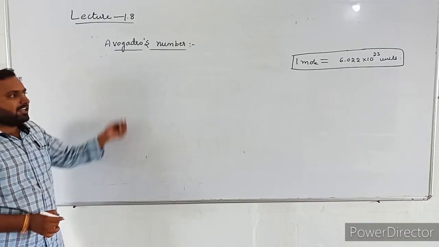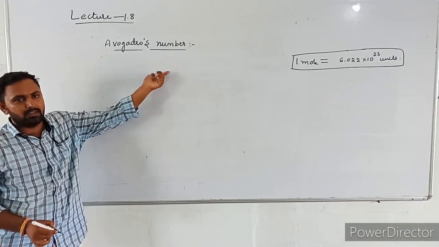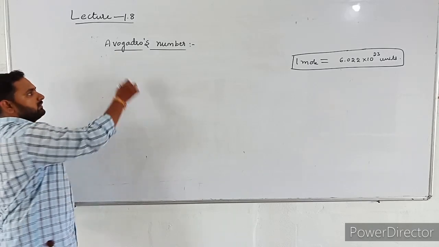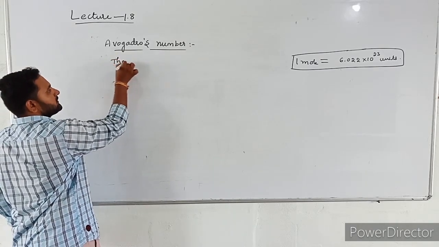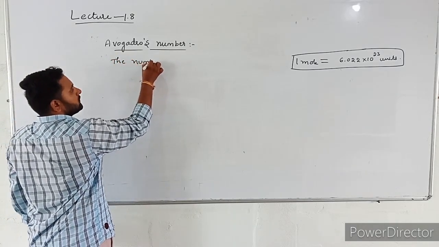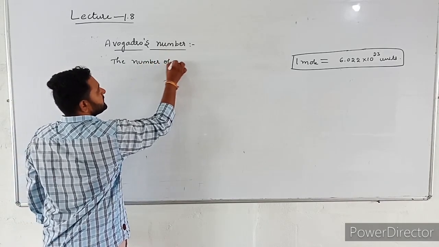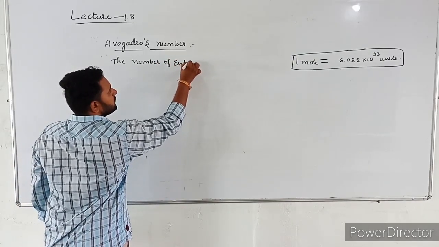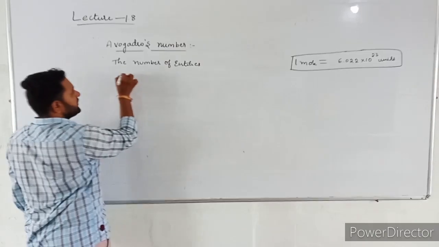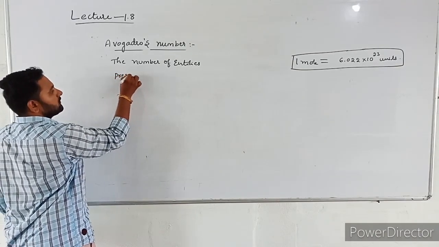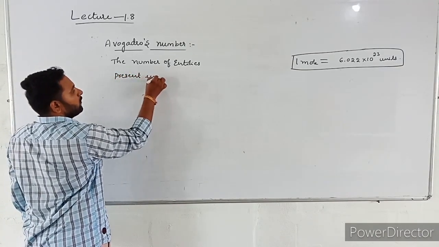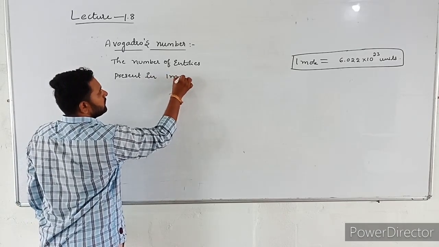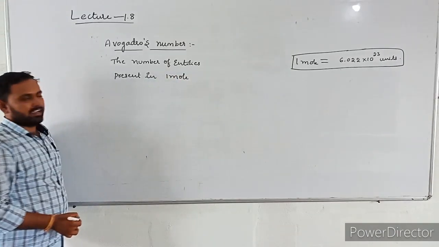The number of entities present in 1 mole is called Avogadro number.